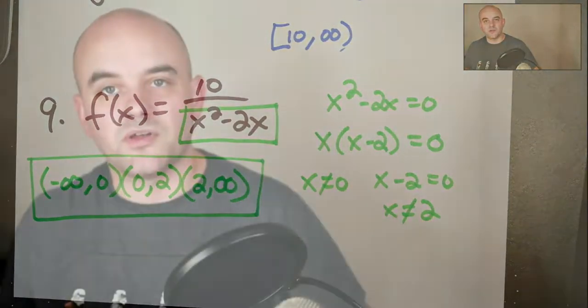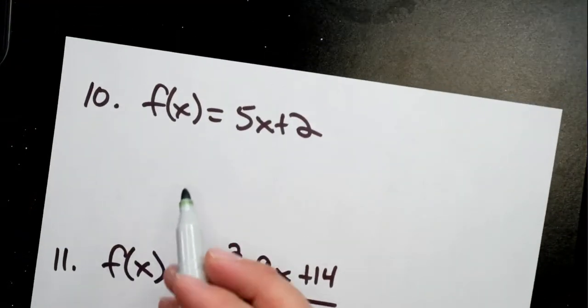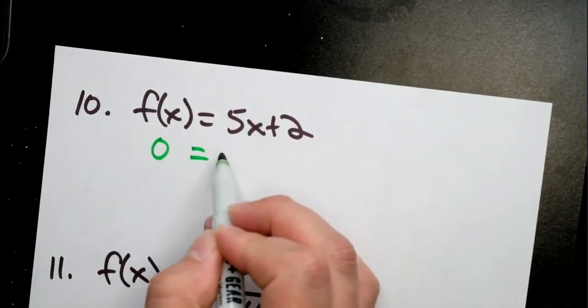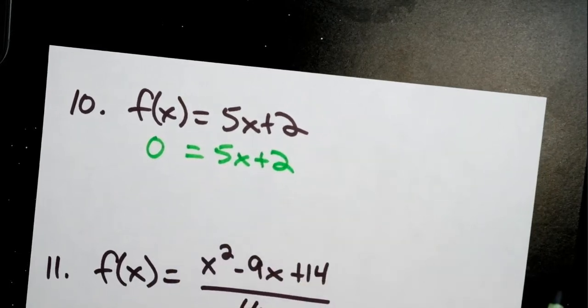The next thing we're going to look at here are the zeros of a function. So the zeros of a function, remember, are the same thing as our x-intercepts. So the same process occurs as when we find x-intercepts. We know we're crossing the x-axis, which means the y value is 0. So when you solve for these, you're going to let the y value equal 0, and then solve for x.